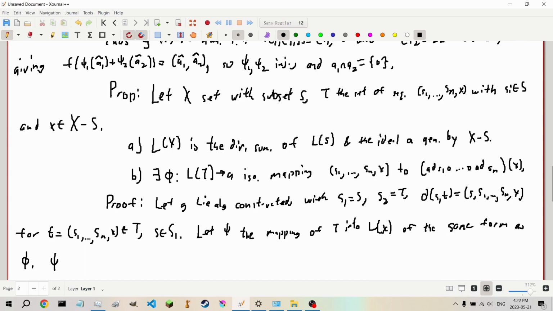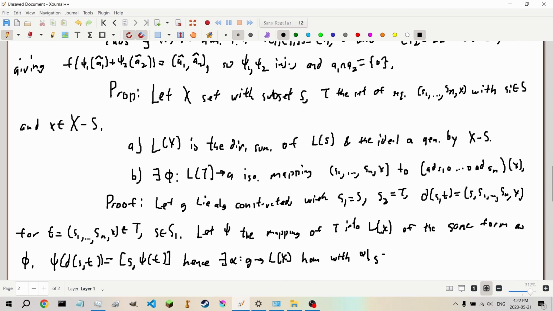Now, C of D of S and T is the bracket of S with C of T. Hence, there exists a homomorphism alpha from G to the free Lie algebra of X, with alpha restricted to S being the identity on S, and alpha restricted to T being our C.